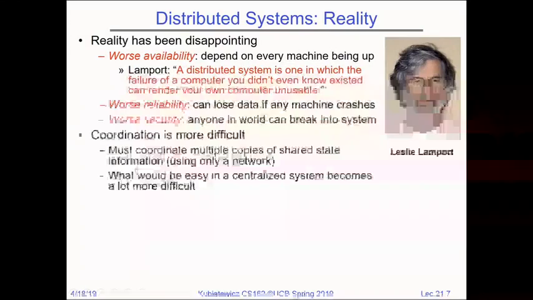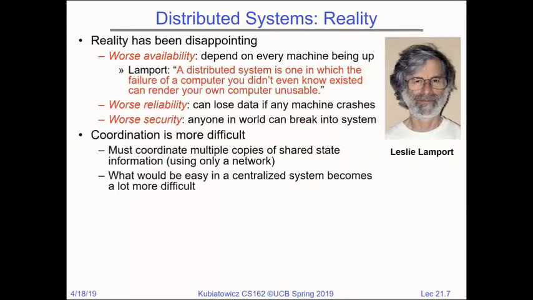What would have been really simple in a centralized environment actually becomes difficult. So in a centralized environment, let's say you have one lock. You grab the lock, you update the state, you release the lock. That is consistent, right? In a distributed system, there is no one lock because everything's all over the place. So how the heck do you even think about consistency in a situation like this, all right?